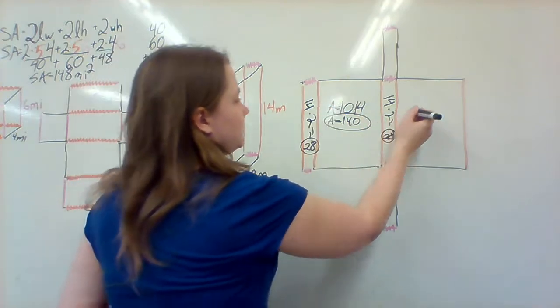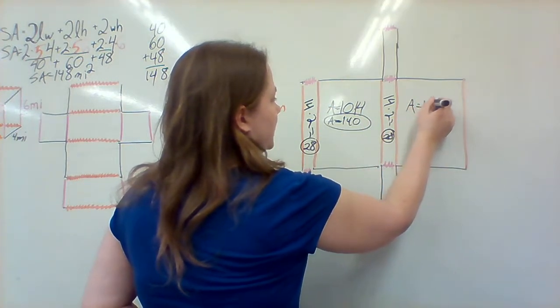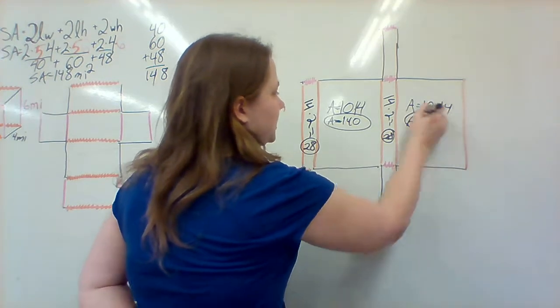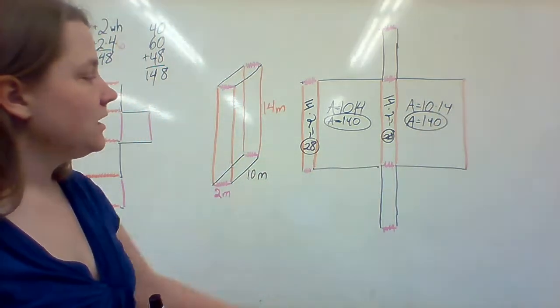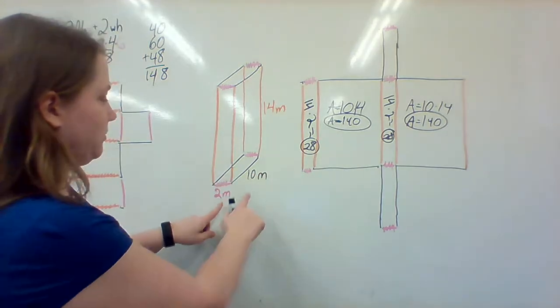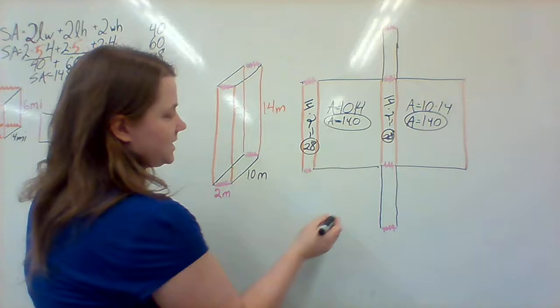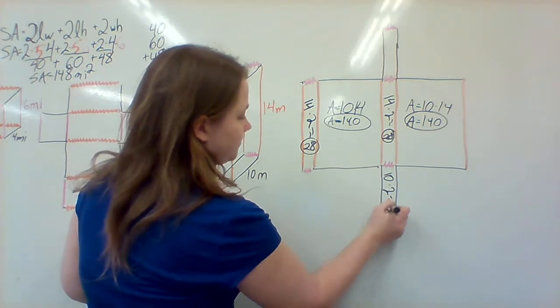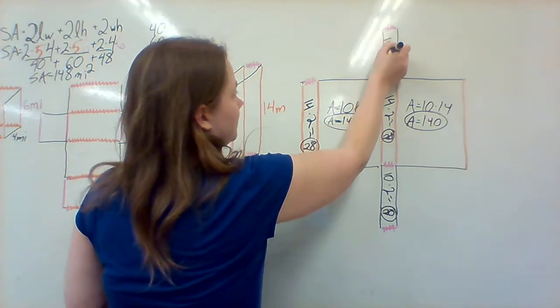A equals 10 times 14, A equals 140. Now with this one, I have the black line and the pink line. It's going to be 10 times 2, which is 20. And the same thing over here.